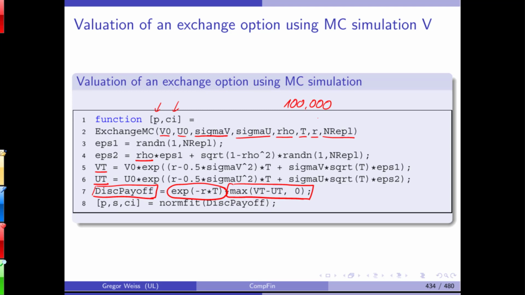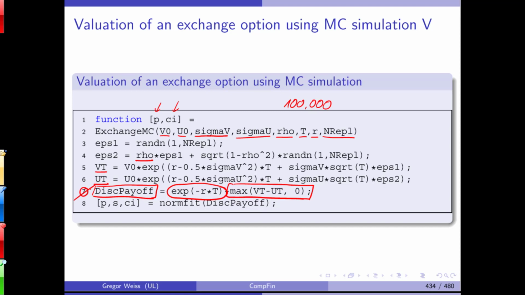So we have 100,000 current day discounted potential payouts of the option. So what do we do? We take the average. We take the expected value of all these simulated discounted payouts.